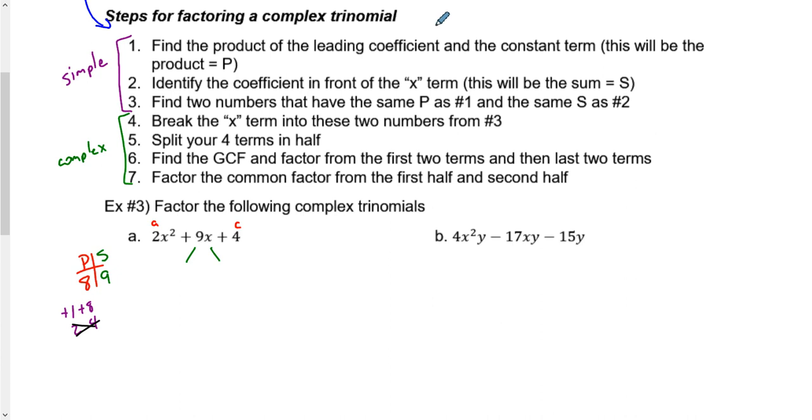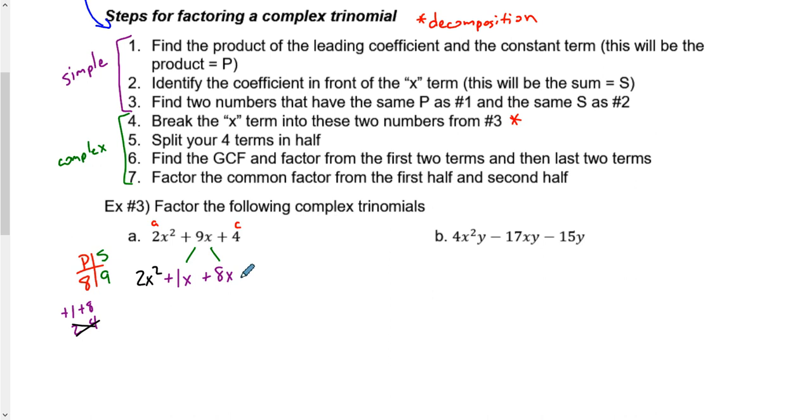Now, of course, this method is known as decomposition. And it's actually known as decomposition specifically because of this step 4. Because we are breaking the 9x down into 2 terms, we are decomposing the 9 into a +1x and a +8x.